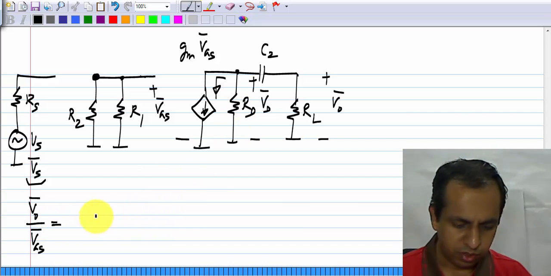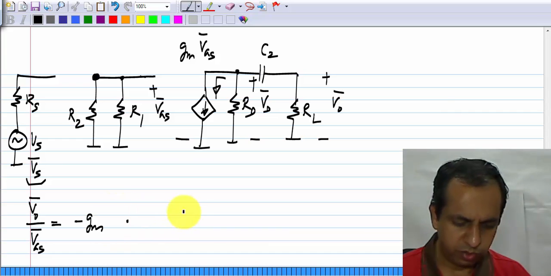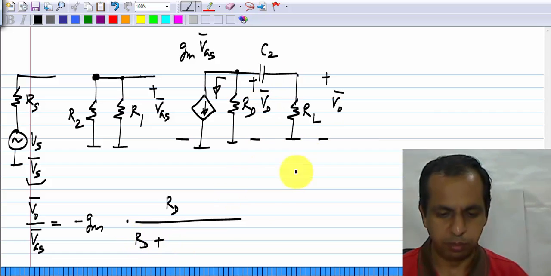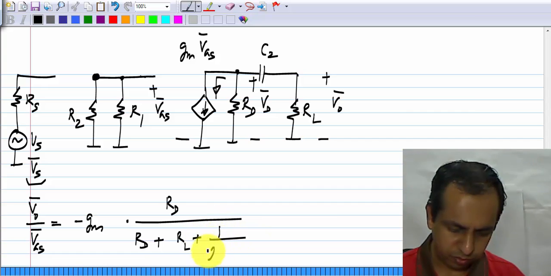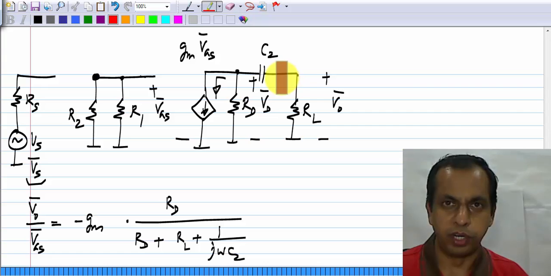So, that current is given by RD divided by RD plus the impedance of RL and C2 in series. So, that is the current that is flowing in the upward direction.